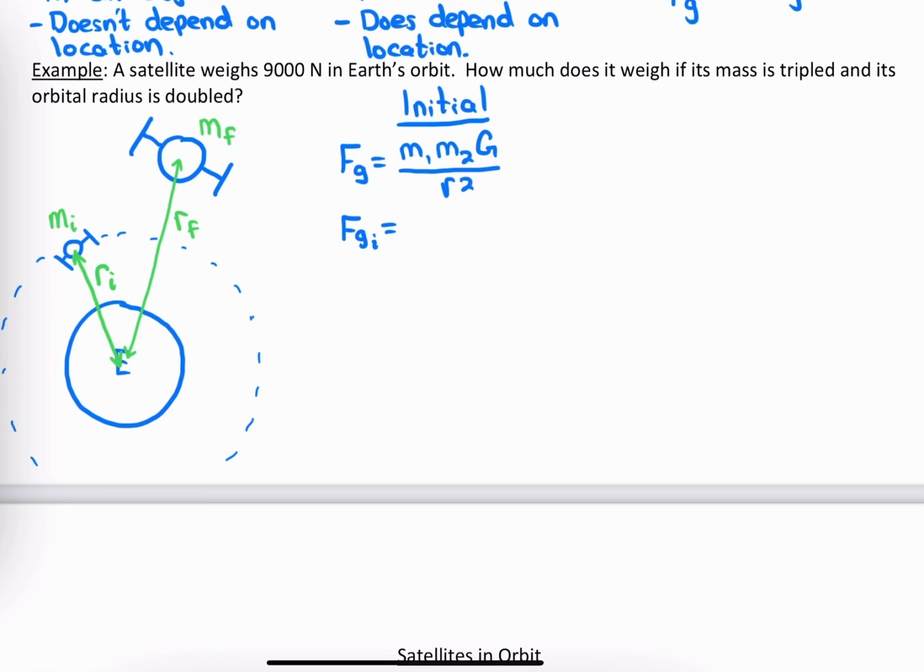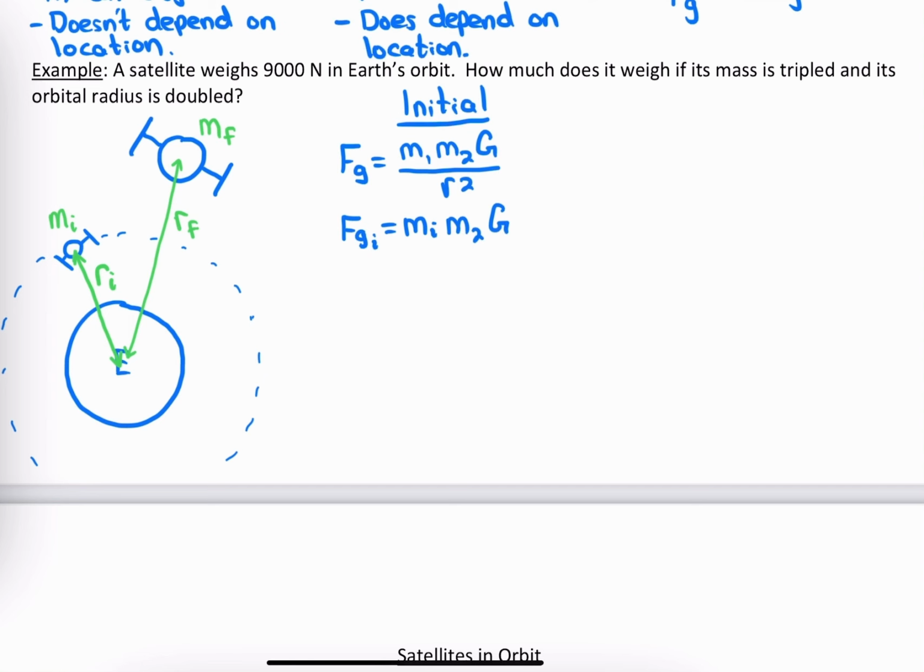Again, sticking with this convention that M1 is the small mass, M2 is the big mass. M1 will be the satellite, M2 will be the Earth. So M1 is going to be M initial from over here, the mass of the satellite. M2, I'll just leave it as that. It's the mass of the Earth.